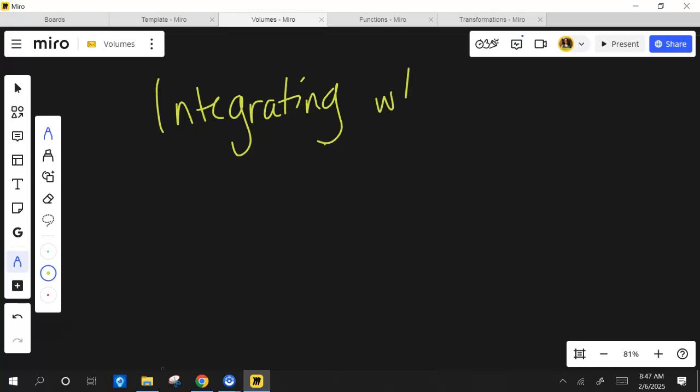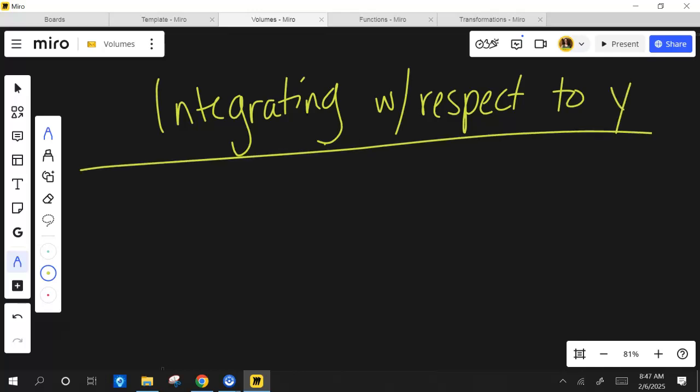Last day on integration between two curves. You're welcome. We're behind. Wonder why. Always behind. No, we've been ahead. Now we're behind.